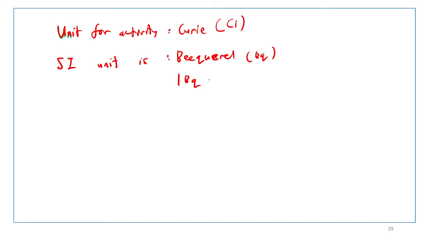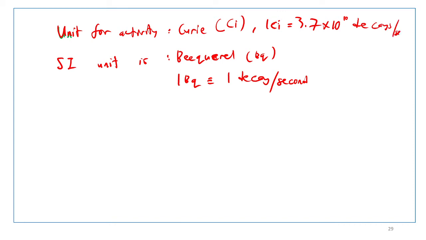So 1 Bq means 1 decay per second. And for the old unit, 1 Curie equals 3.7 times 10 to the power of 10 decays per second. So we can conclude here that 1 Curie equals 3.7 times 10 to the power of 10 becquerel.